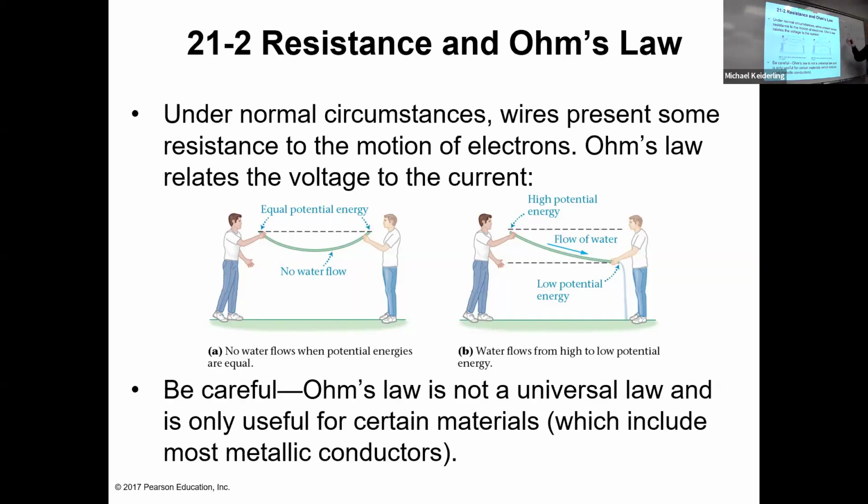Ohm's law relates voltage to current via this concept of resistance. However, Ohm's law is not universal. It only applies to certain materials. Most metallic conductors are ohmic, they follow Ohm's law.